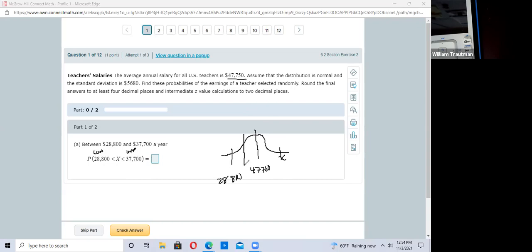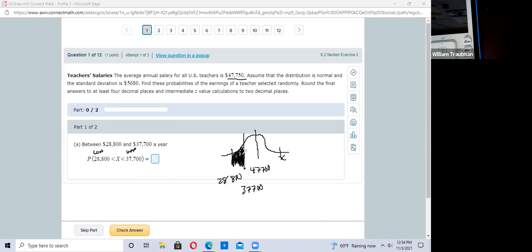Now 37, if you look, 37 is right here, to the left of 47,000. So this is 37,700. It says find the probability that the teacher makes between these two. So we want to know what percent is shaded in. That's the probability.